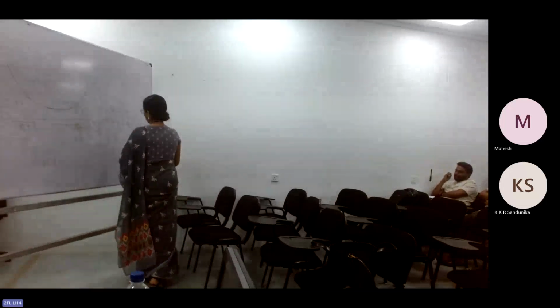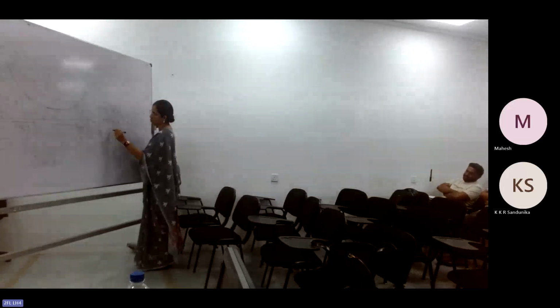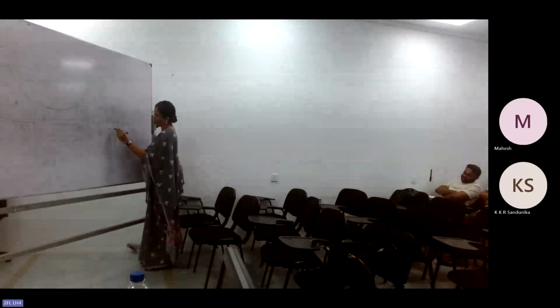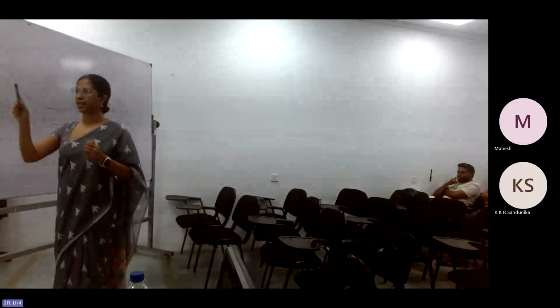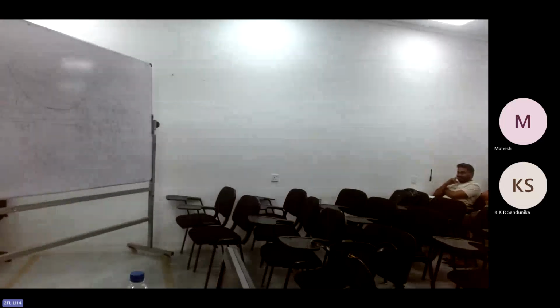Then, how do we get the total profit? Now we know total revenue is P times Q. So to get the profit, we take the total revenue minus the total cost. So P times Q minus total cost gives us the total profit. Now we have to maximize that total profit.